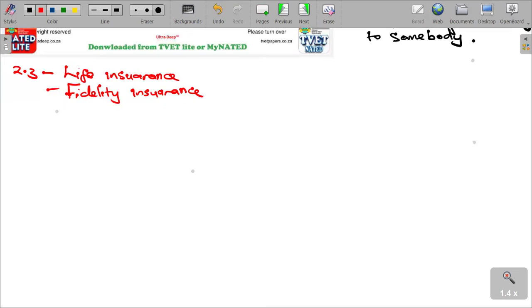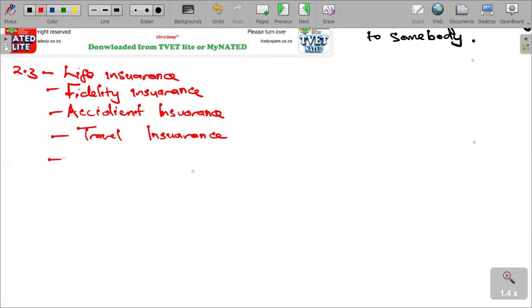We have what we call accident insurance. Travel insurance. As well as life insurance. We also have accident, fidelity, etc. So these are the types of insurance that an organization would have.